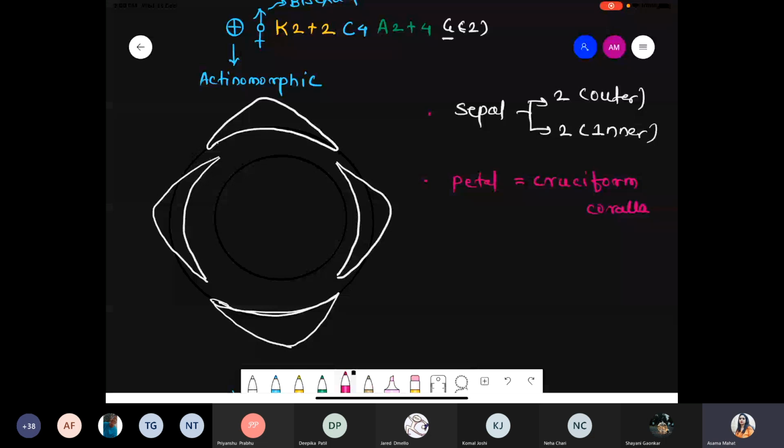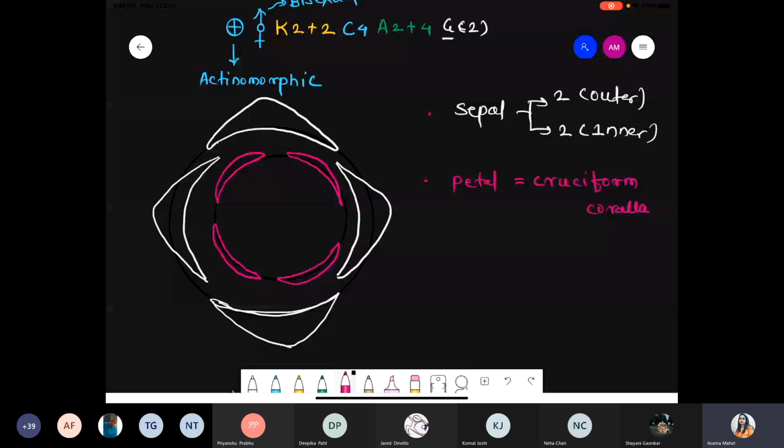So we'll try to draw that structure. 1, 2, 3, and now these are the 4. One petal, another petal, a third petal, and finally this one, the fourth petal. So the petals show a cruciform corolla, and this is the typical arrangement.